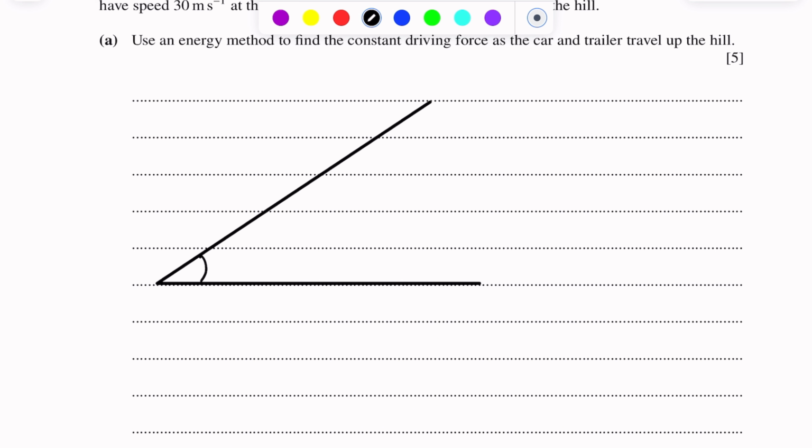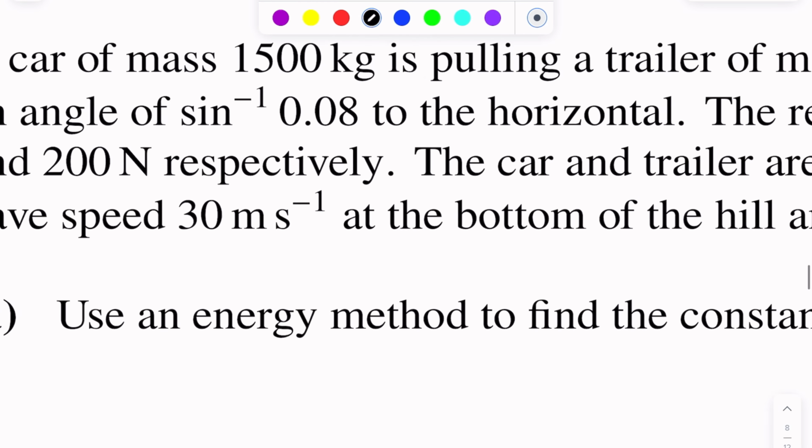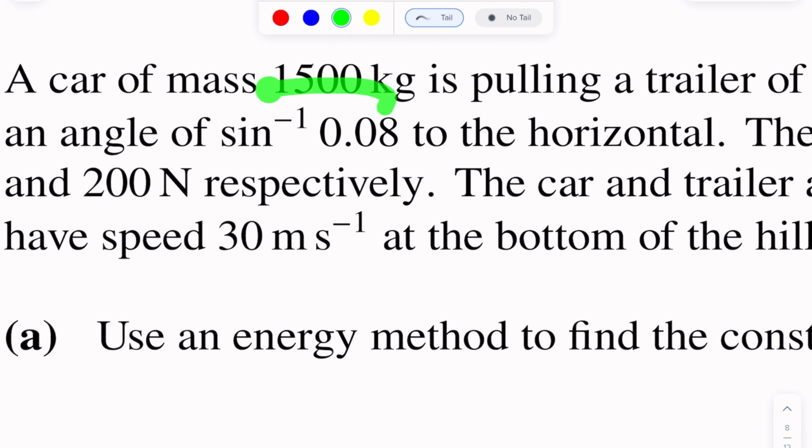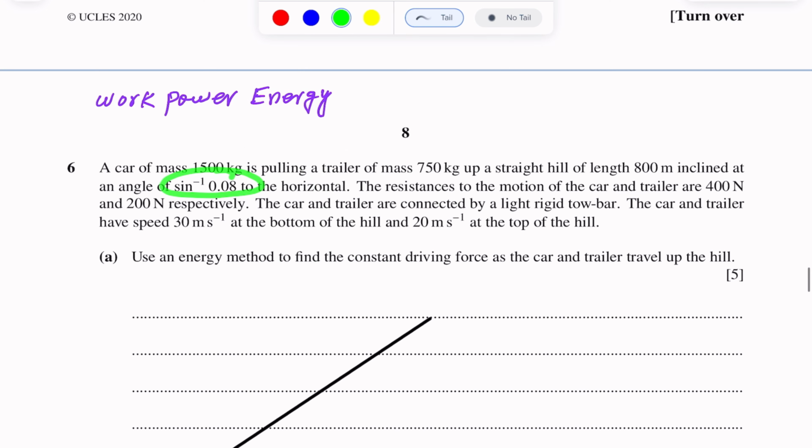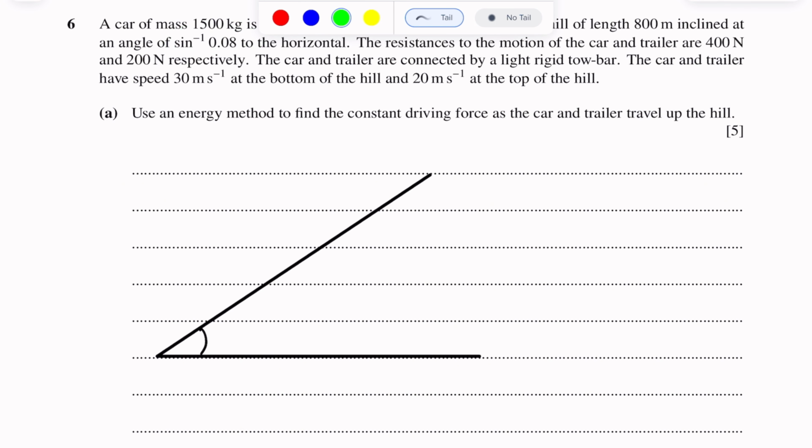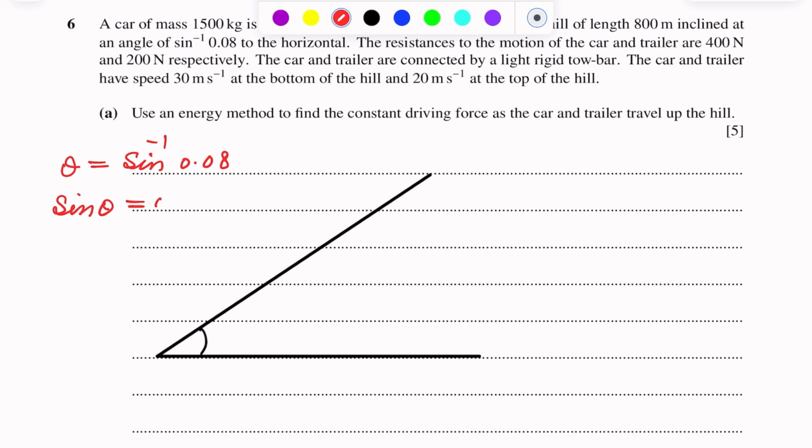This is the angle, given, that is sine inverse 0.08. So we can say that theta is equal to sine inverse 0.08. From here we can find the value of sine theta, that is 0.08.